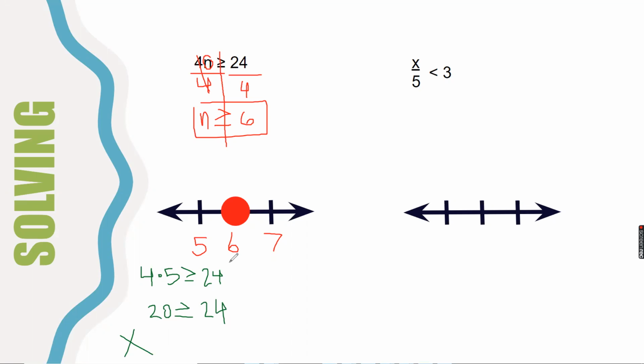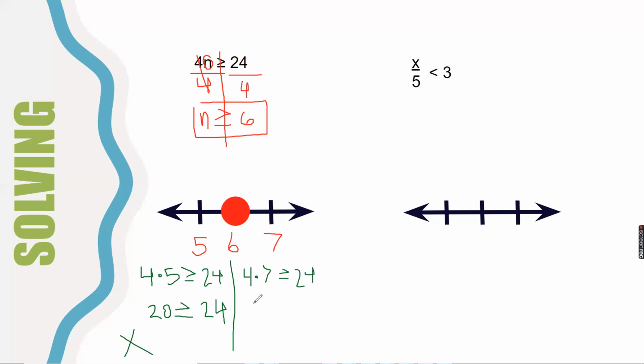So we should always have one true statement and one false statement. We've used our false, so we're going to hope that this is true, or else we did the problem wrong. So just like on that left side, I'm taking 4 times n. In this case, I'm using 7. So 4 times 7 is greater than or equal to 24.